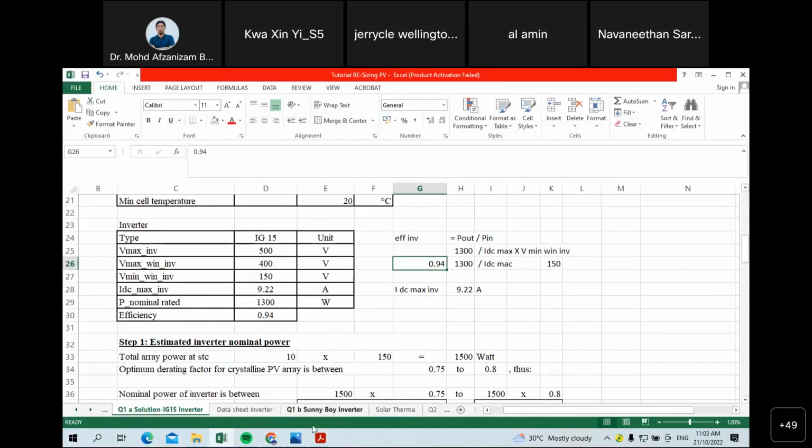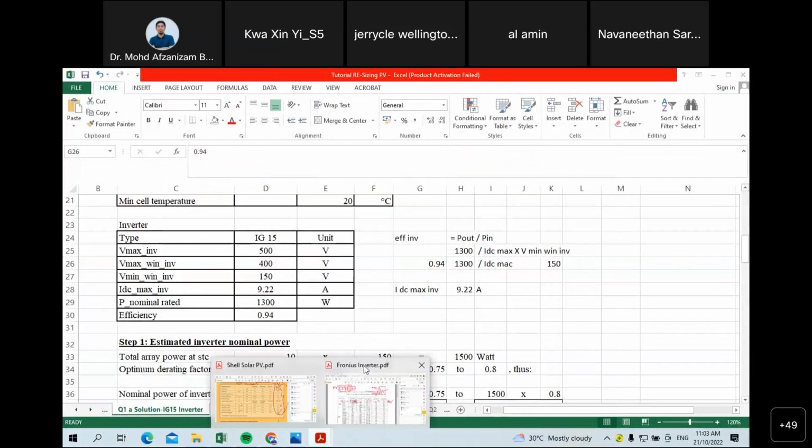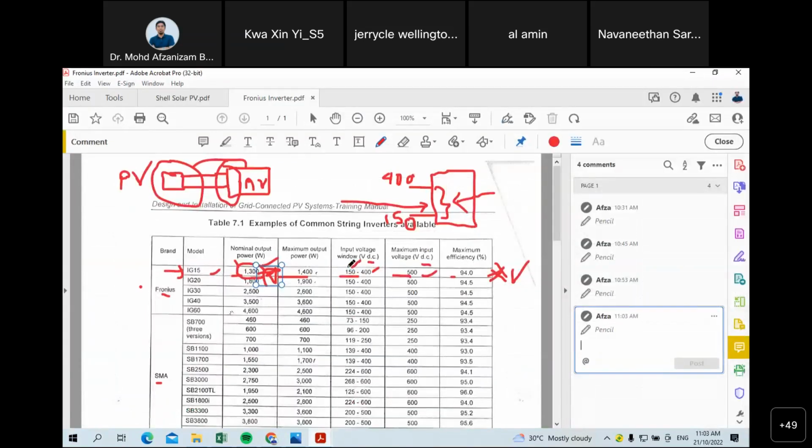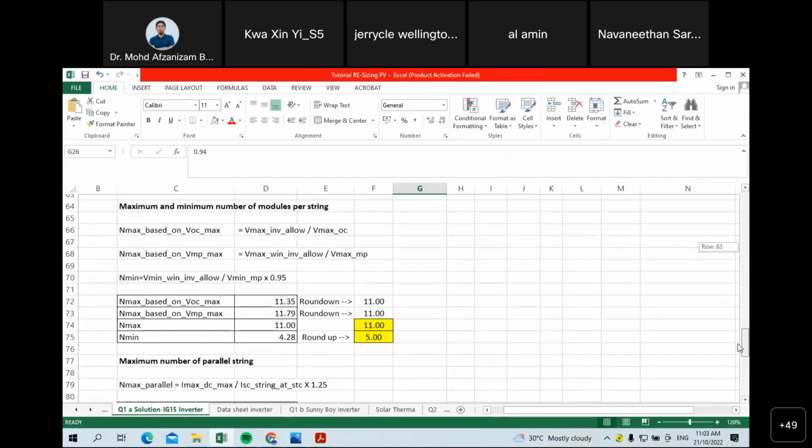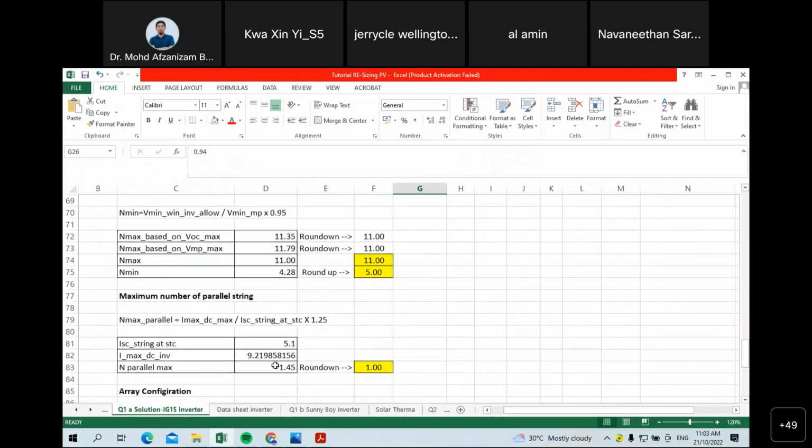V min window inverter is this one. And then we obtain roughly the ID max inverter is 9.22 ampere. So we include 9.22. And then afterward, we just go for the round down.